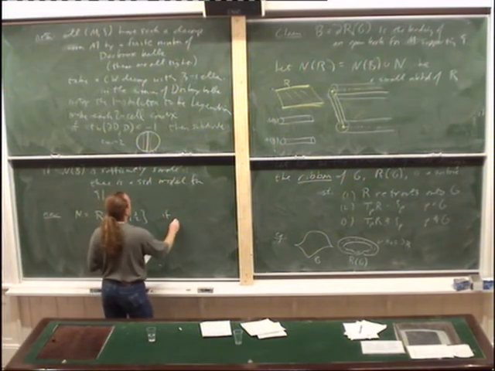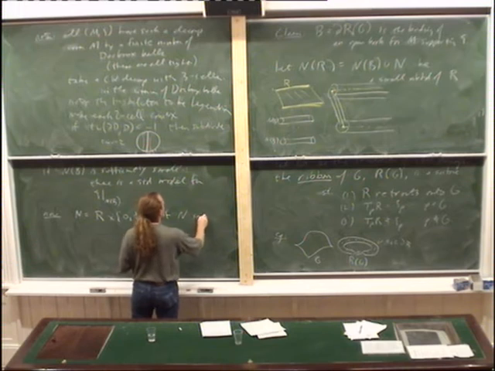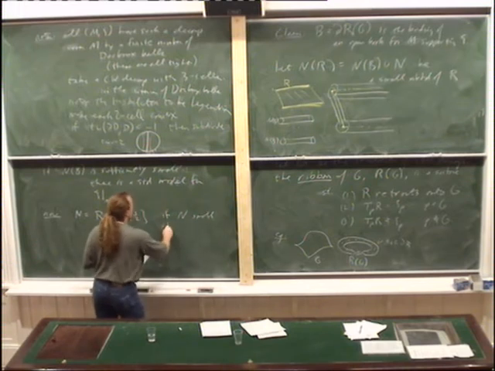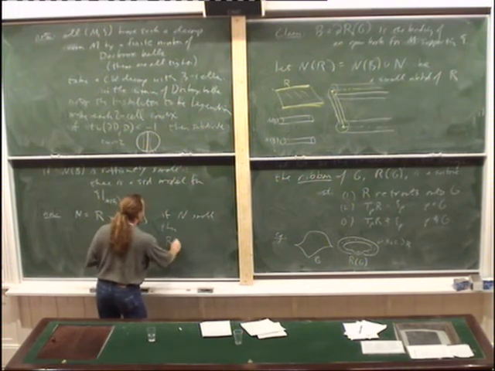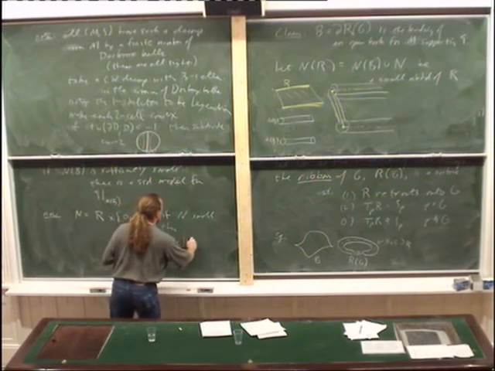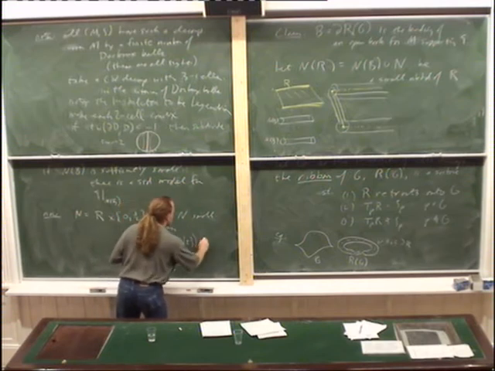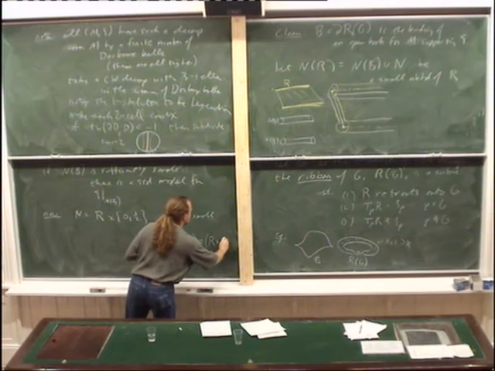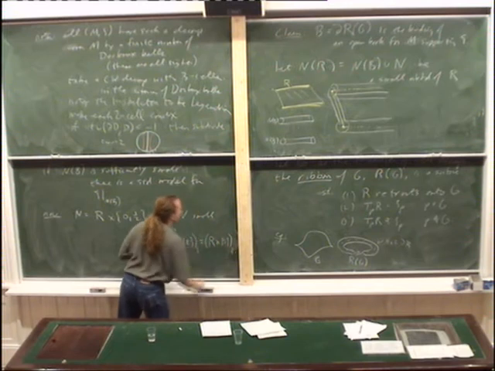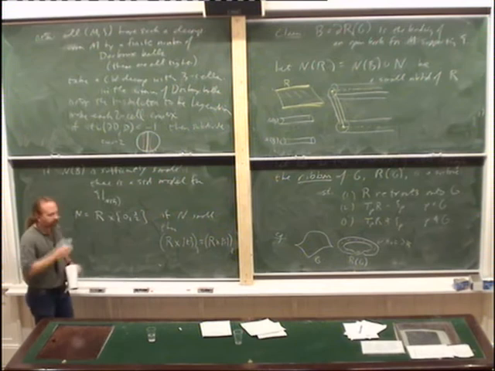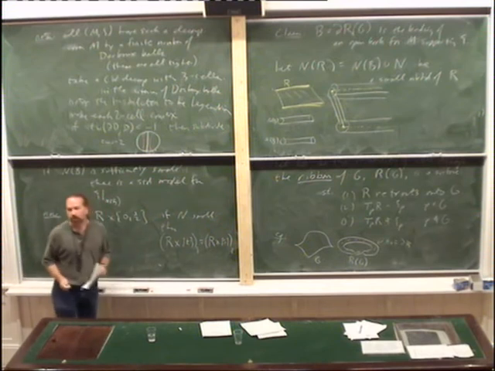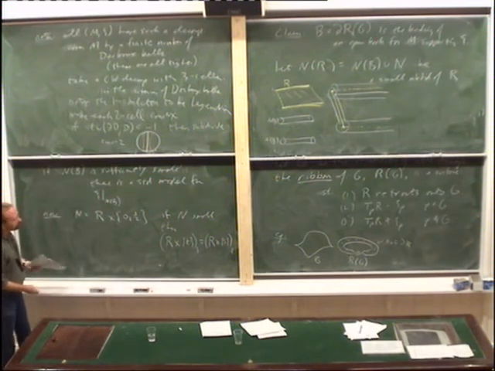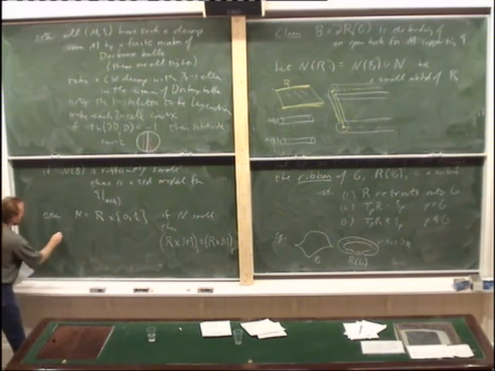And if N is a small neighborhood, then R cross T and R cross S, if you look at the characteristic foliation on two different levels, they'll be the same. Because it turns out the foliation, what is the characteristic foliation on?